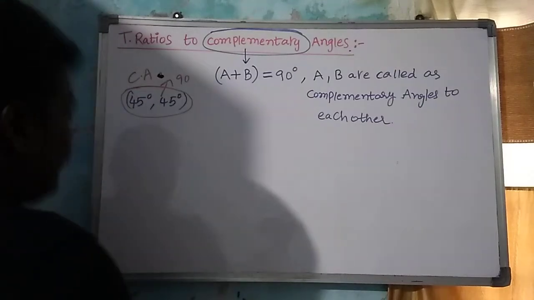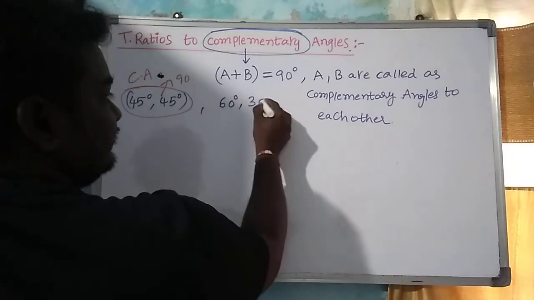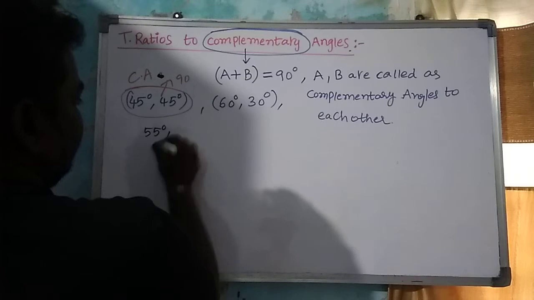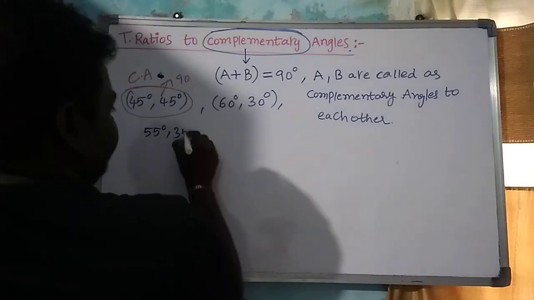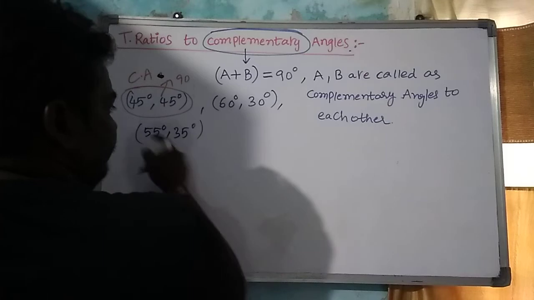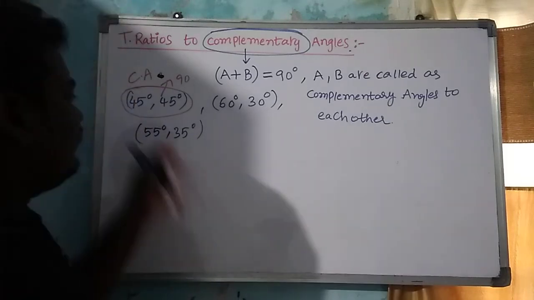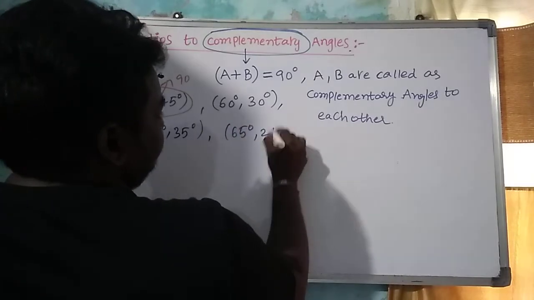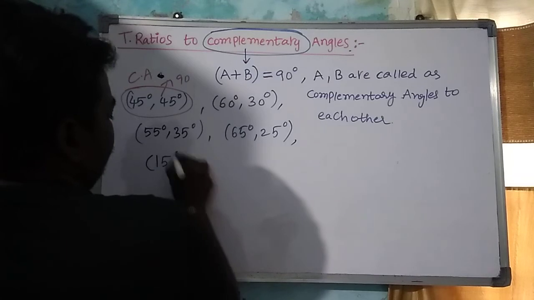The other examples are 60 comma 30, 55 comma 35, which sums to 90, right? Next 65 comma 25, and 15 comma 75.